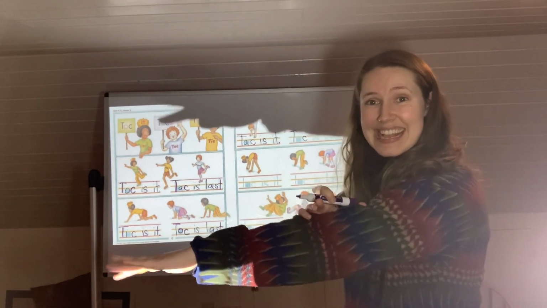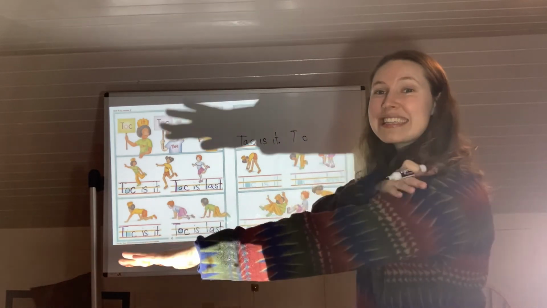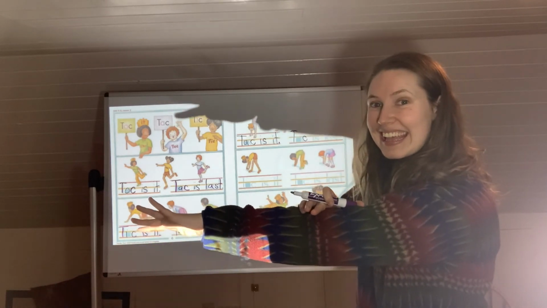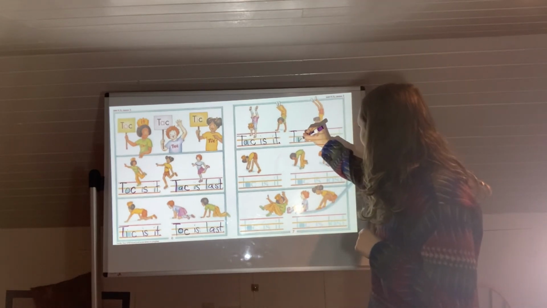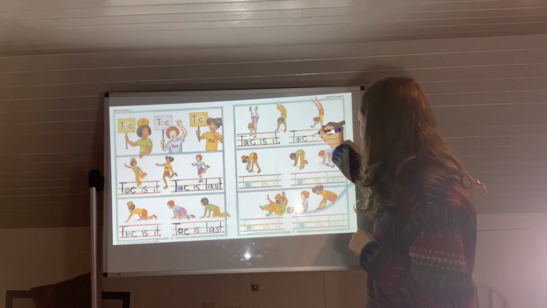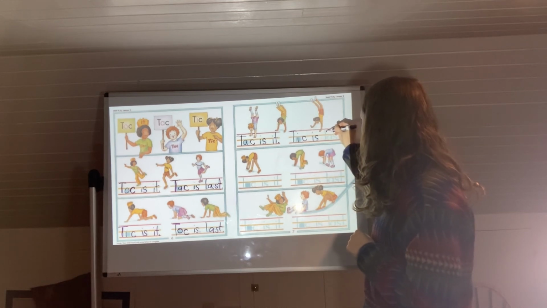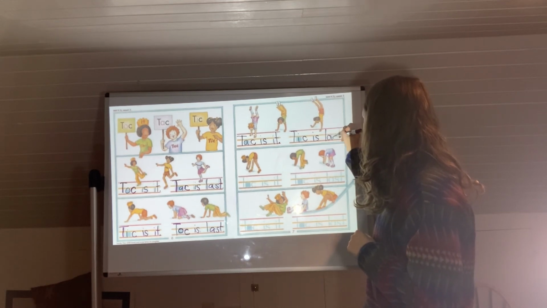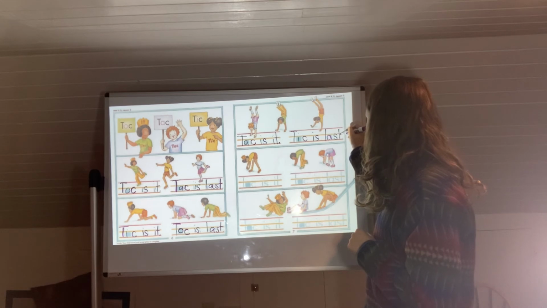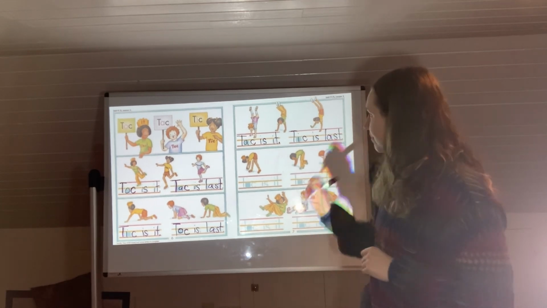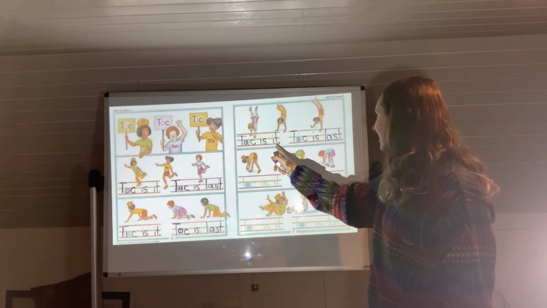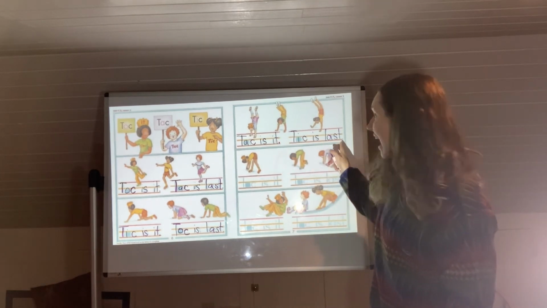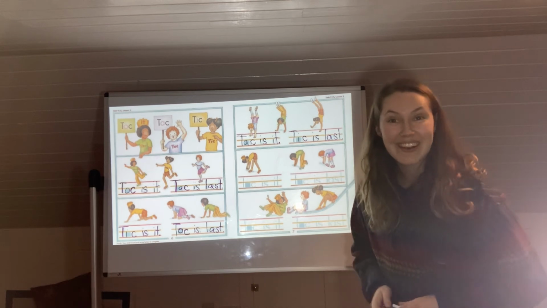T, I, K. It's letter I. Letter I is in the middle there. Tick is last. And our period at the end. Let's read these sentences. Tack is it. Tick is last. Nice work.